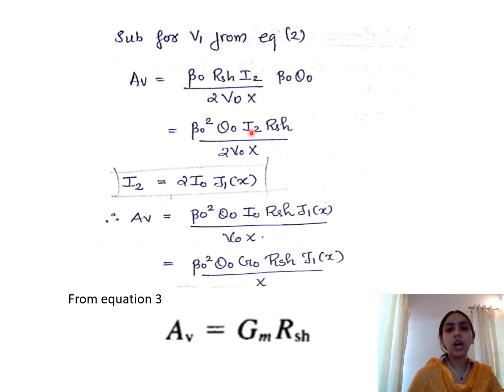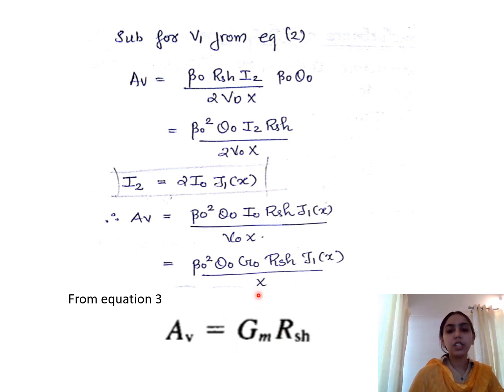Again we know I2 is 2 I naught J1 of X, the current induced in the catcher gap. This is the fundamental component of current induced for n equal to 1. When I substitute the value of I2 in the expression of AV, we get the expression as such. We can see that there is a relationship established between the voltage gain AV and the transconductance Gm of the amplifier.